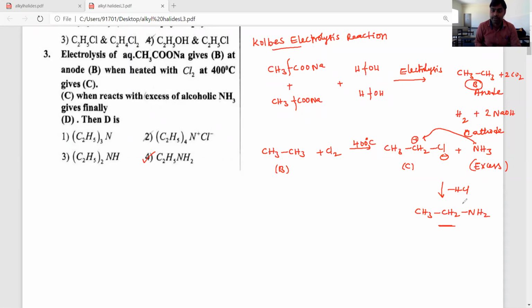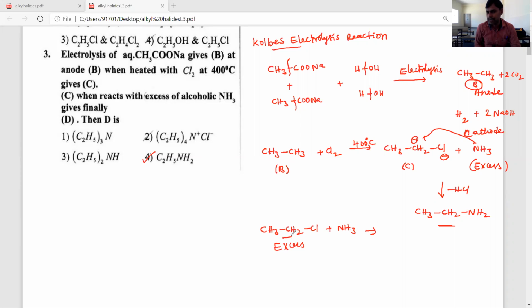Dear students, it is very important. If CH3CH2Cl, ethyl chloride, is in excess and NH3 is lower quantity, it is the limiting reagent, then we are getting a mixture of primary, secondary and tertiary amines. Finally quaternary ammonium salts will form.